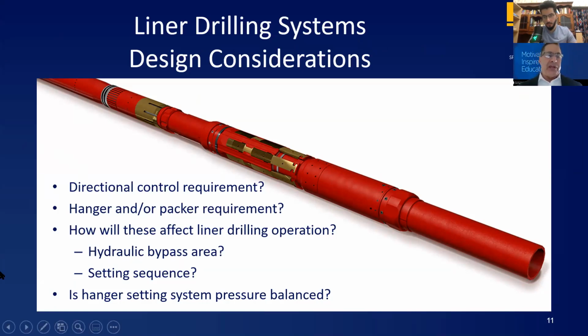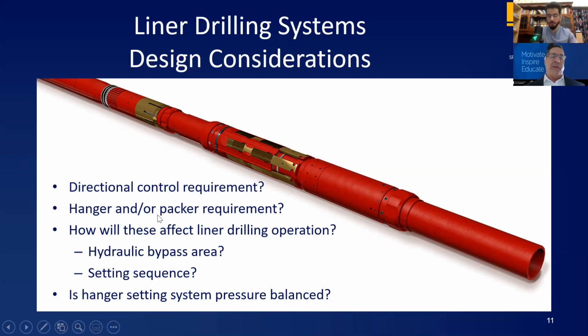A hanger is invaluable if you have to run a packer, because many of the liner packers are set by mechanical activation. In other words, setting weight down on the liner itself to expand the packer. So you want to make sure, if you don't run a hanger, that the liner won't go into a helical buckling scenario when you do set the packer.